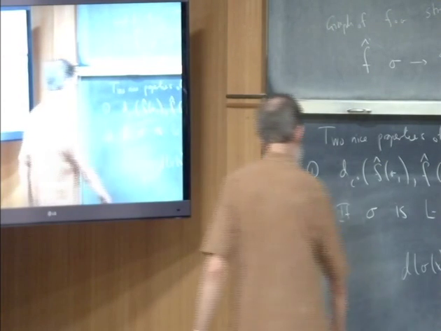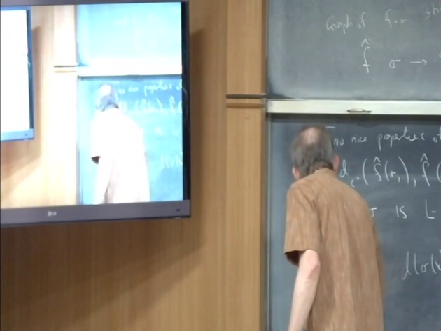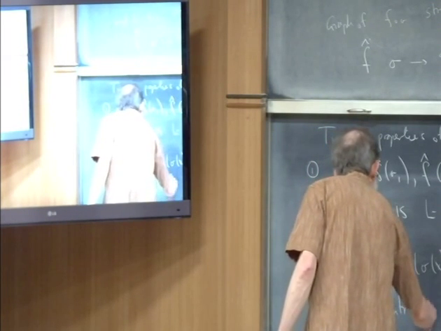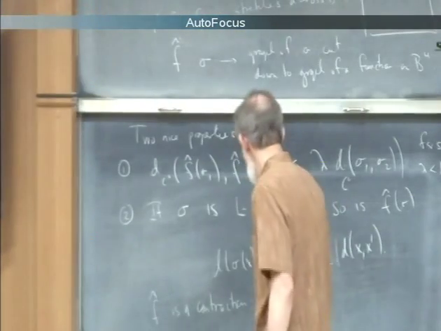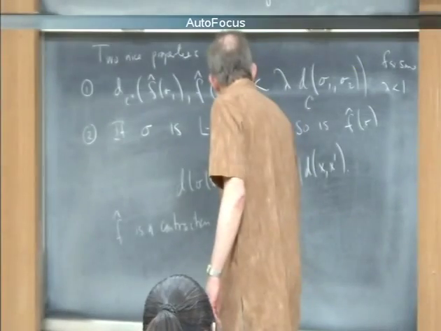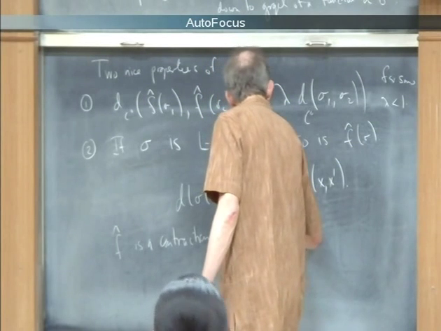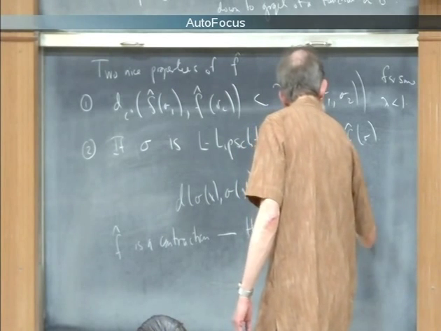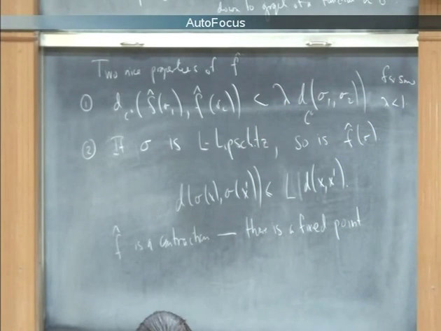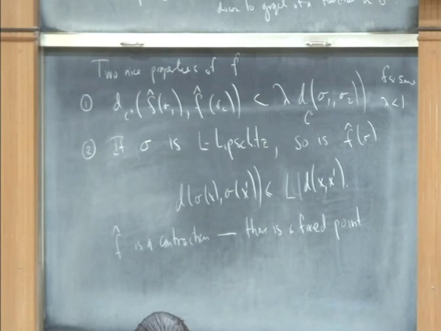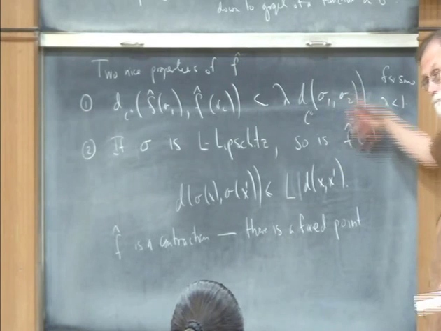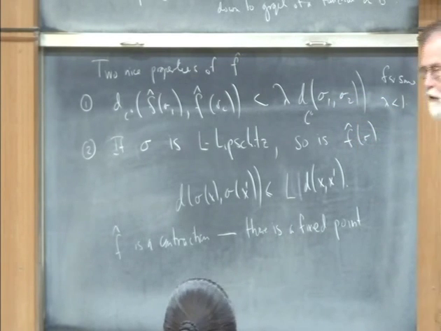So if F hat is a contraction, then you find a fixed point. So you can find a graph that is invariant under F hat, which is what we're looking for.